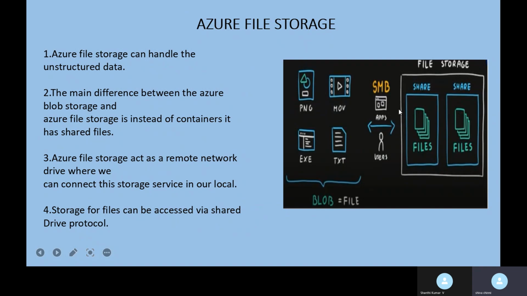We can connect this to our local machine through the SMB network. First we need to map it to our local machine, then we can connect through the network drive, where we can store all these files inside the shared file. We can also access it via the drive protocol.